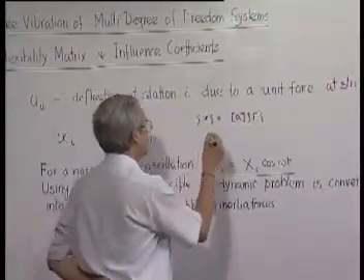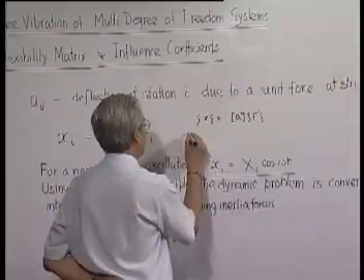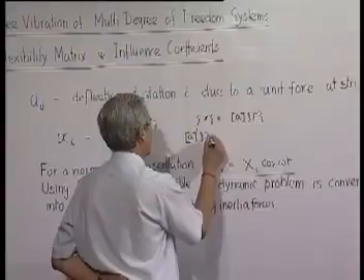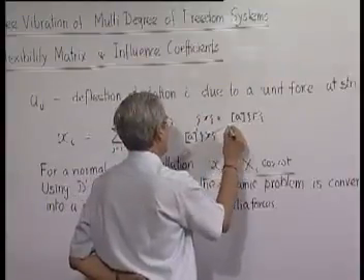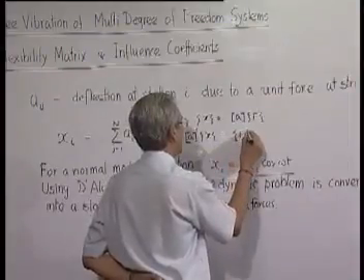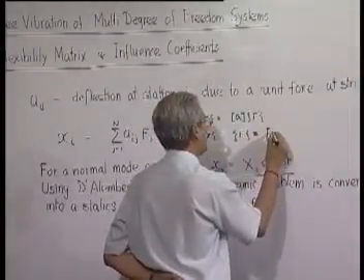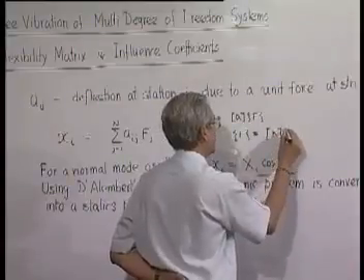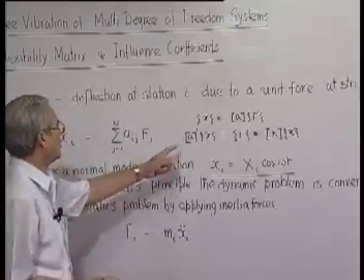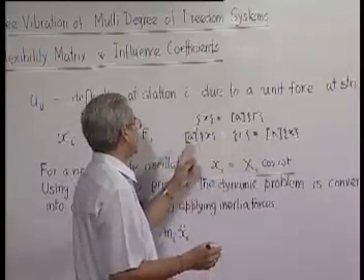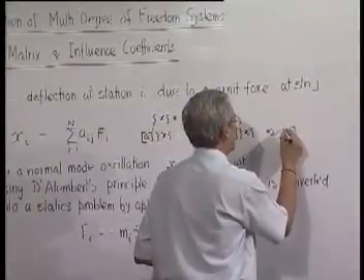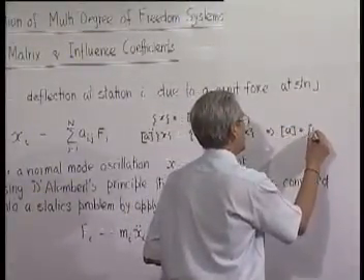So if you pre-multiply by A inverse, A inverse into A is the unit matrix. So this is F. But we know the F matrix can be written as this also. So the K matrix is nothing but the inverse of A, or the A matrix is nothing but the inverse of K.